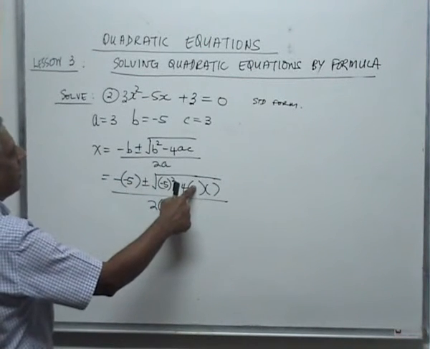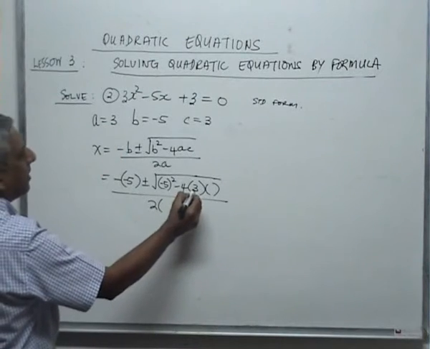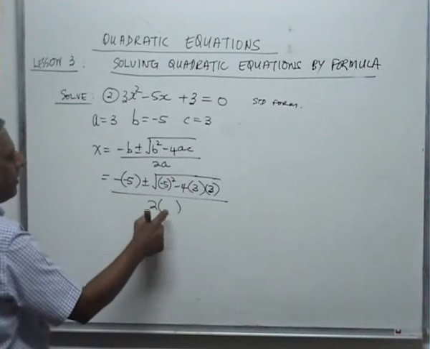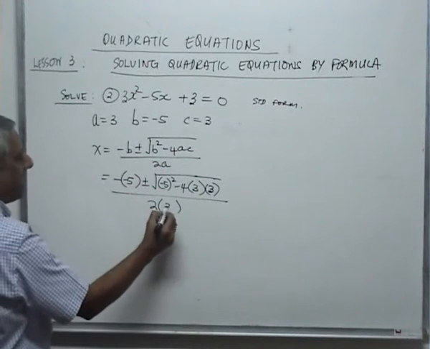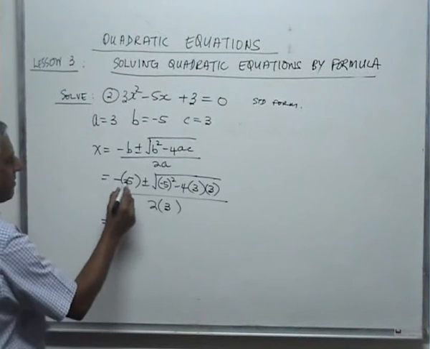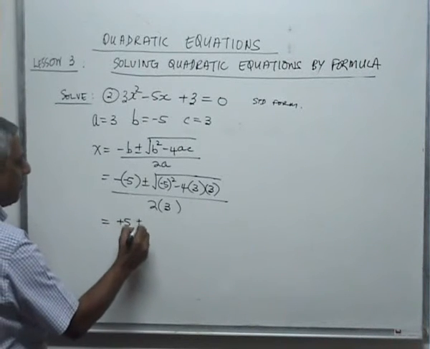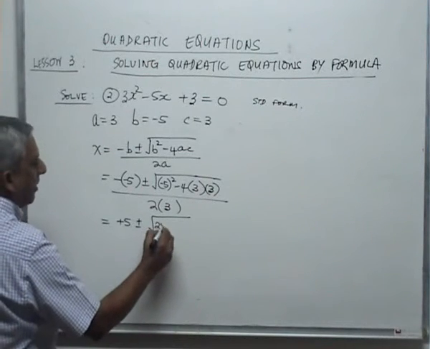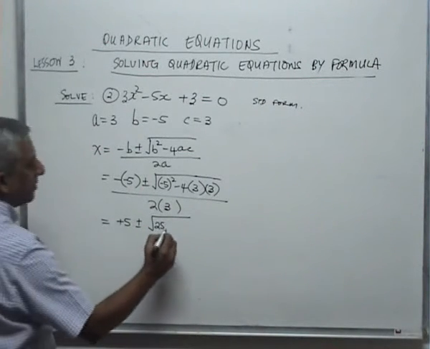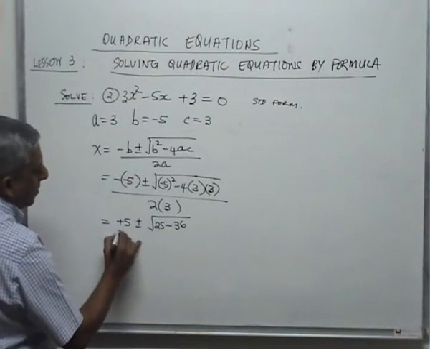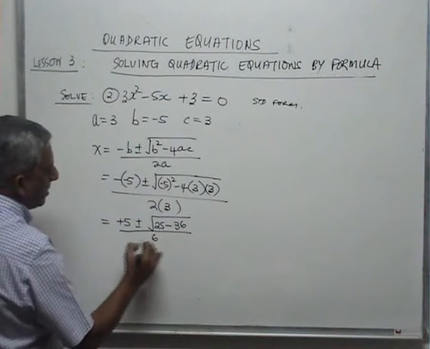What is a? a is 3. What is c? c is also 3. What is a? a is 3. So the minus times minus gives you plus, so you get plus 5 plus minus the square root of minus 5 squared is 25, minus 4 times 3 times 3 is 36, all over 2 times 3, 6.